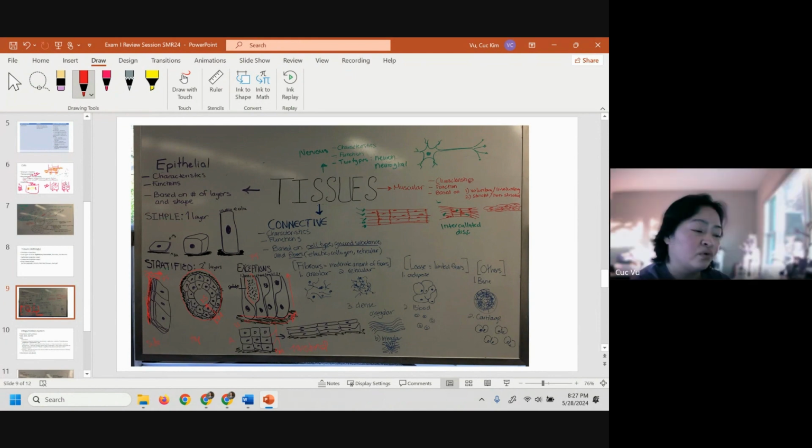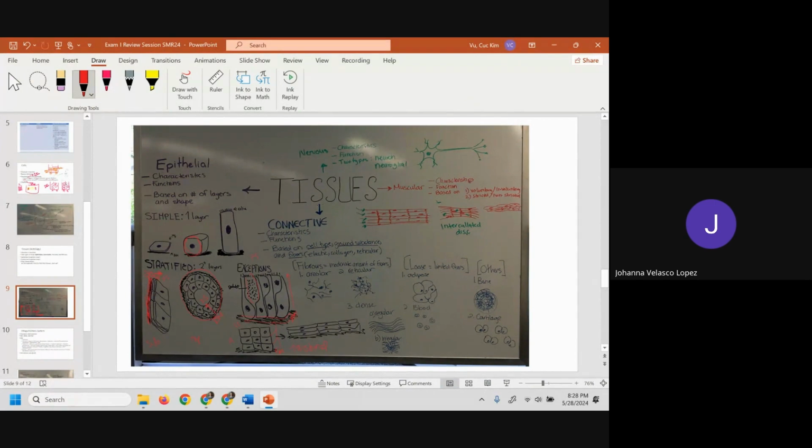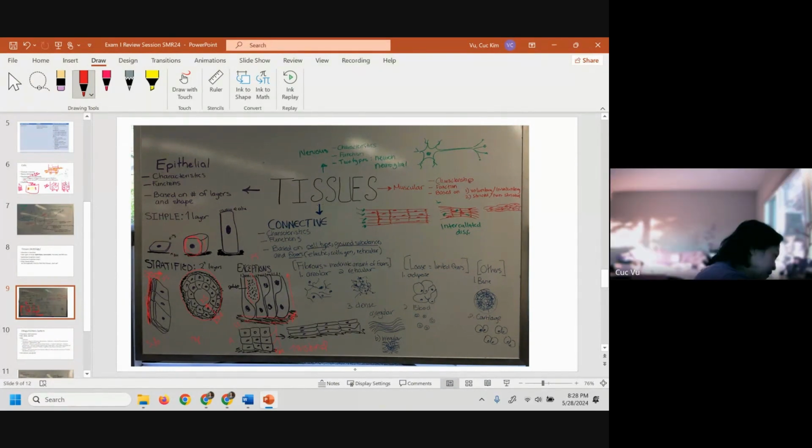Yep. So with columnar, the height is always going to be greater than its width. Whether it's perfectly cubed, like sharp, angular cubes, or if it's round, it's called cuboidal. So that's why this one right here, I drew it a little bit round. Do you see that? But still, you can see that the height is about equal to its width.